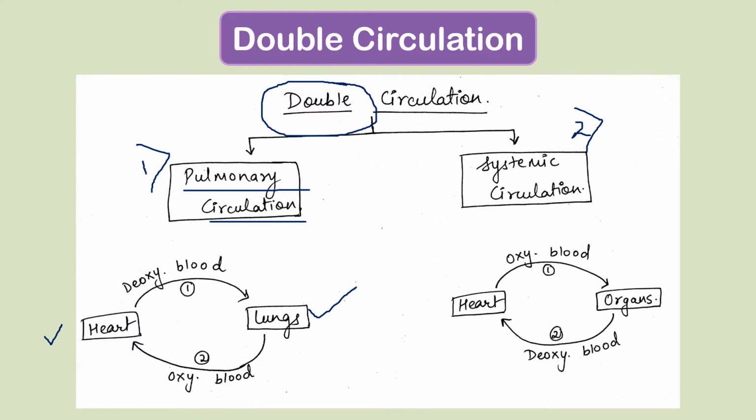The second part is the systemic circulation, in which the exchange is going on between the heart and the other organs of the body. The heart is going to pump the oxygenated blood to the organs, and the organs are going to transport all their deoxygenated blood to the heart. So this is how double circulation takes place.